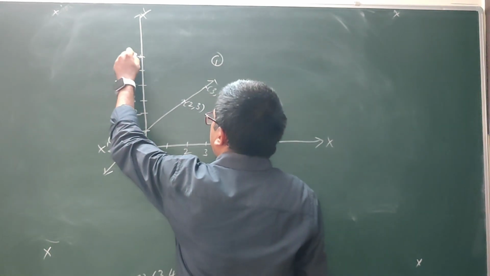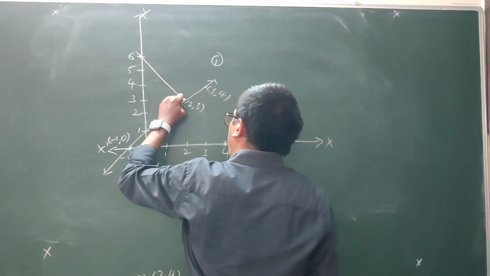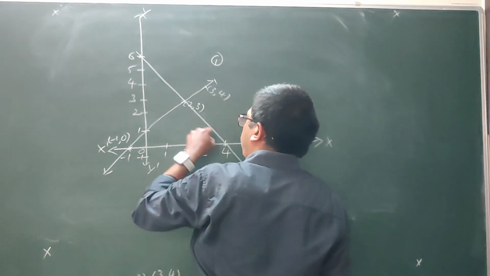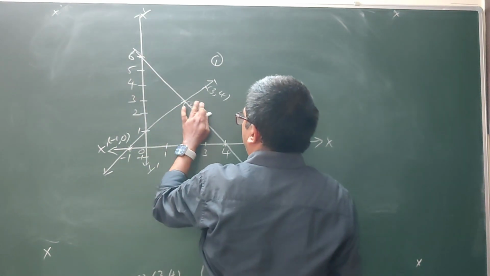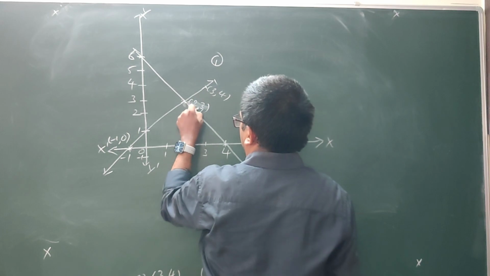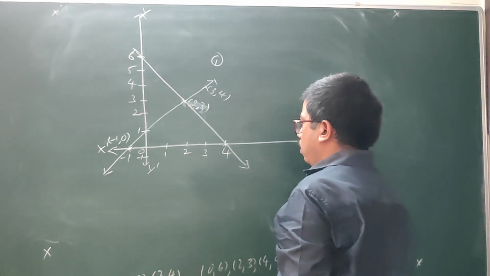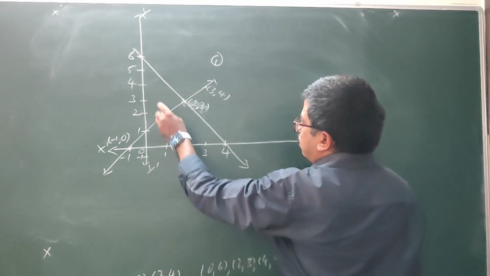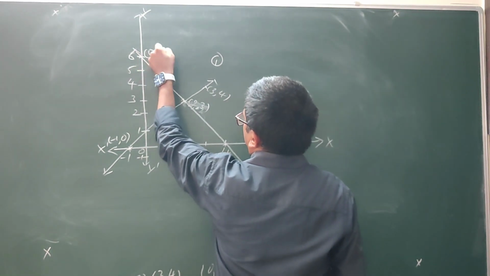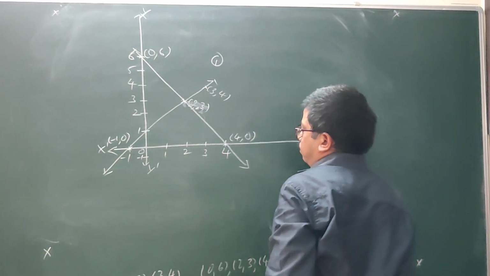We join these 3 points, it is 0 comma 6, it is 2 comma 3, it is 4 comma 0.